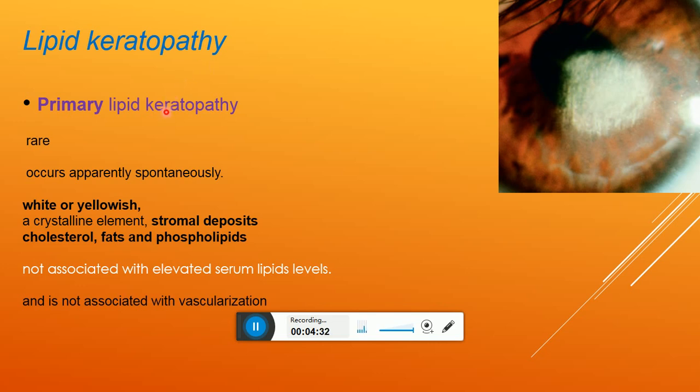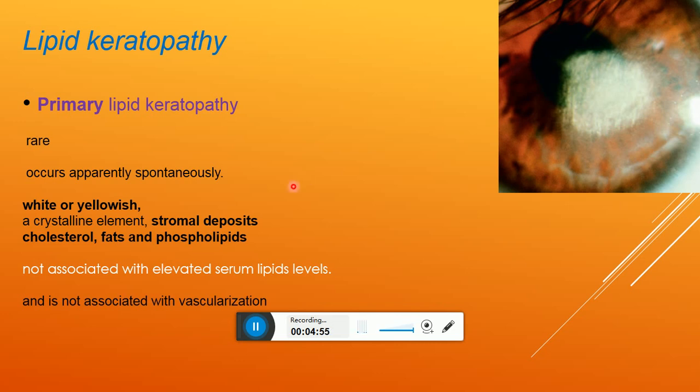Primary lipid keratopathy is rare, occurs apparently spontaneously, and is characterized by white or yellowish stromal deposits, often with a crystalline element, consisting of cholesterol, fats, and phospholipids, not associated with vascularization.